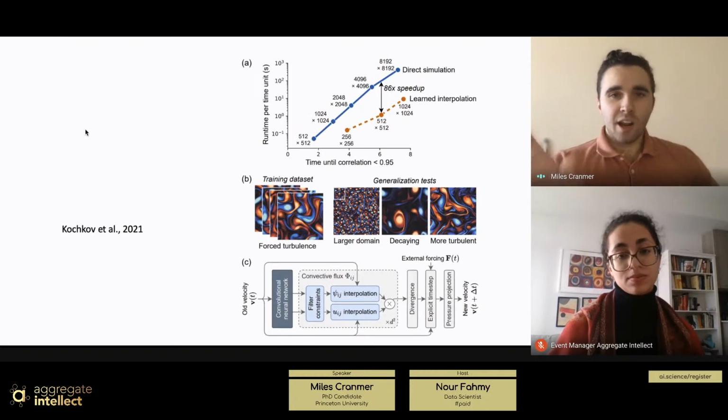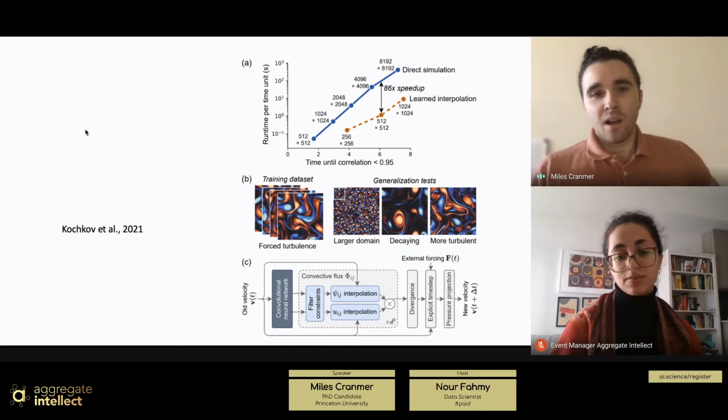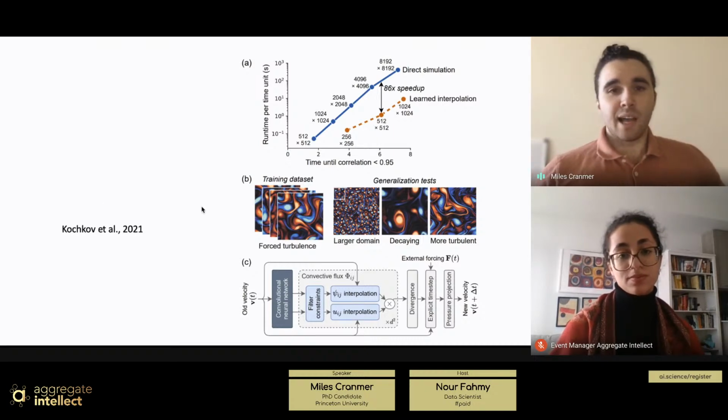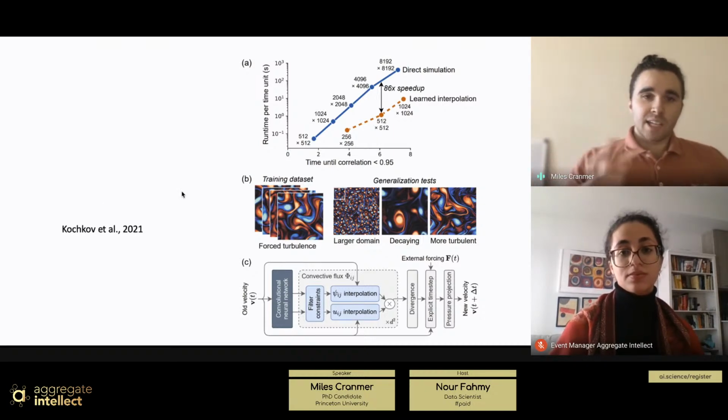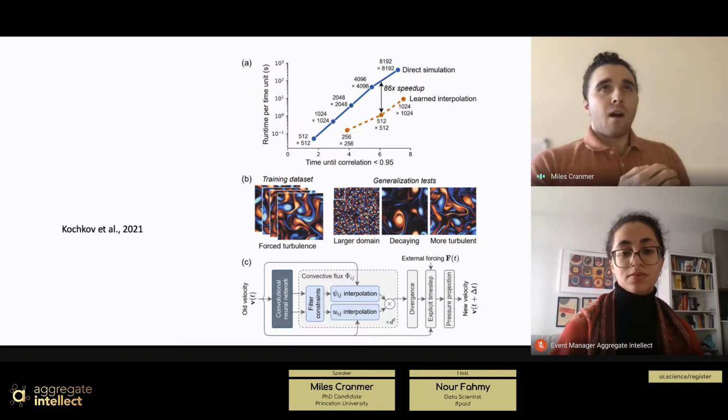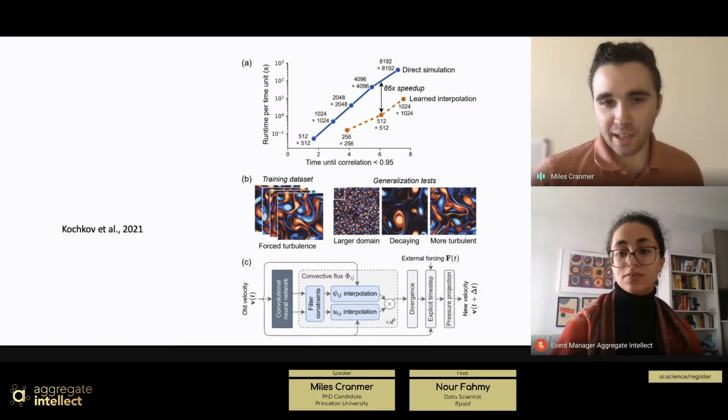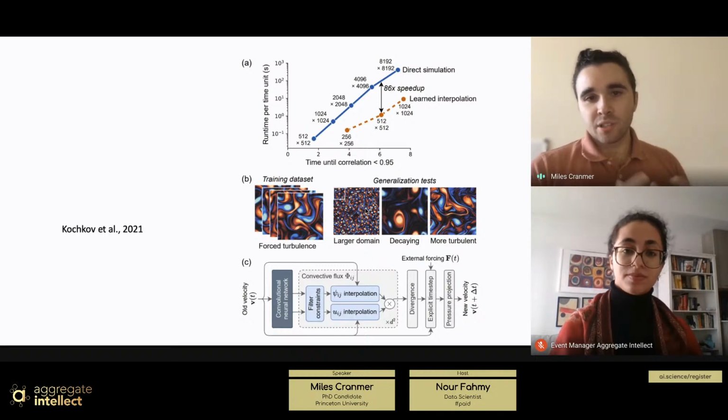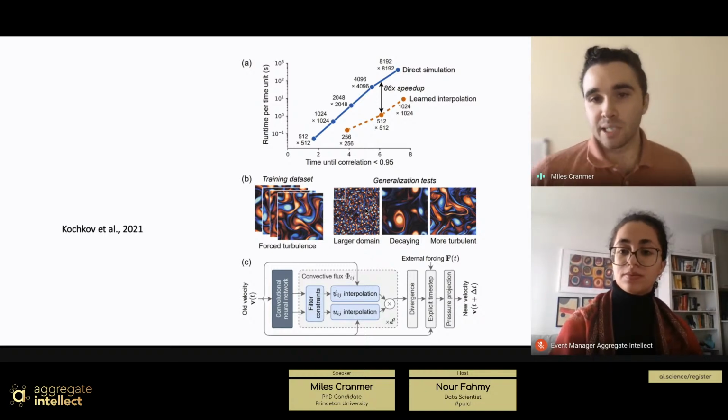A really nice recent example is from Dima at Google. They have this fluid simulator, and it models turbulence in a fluid.